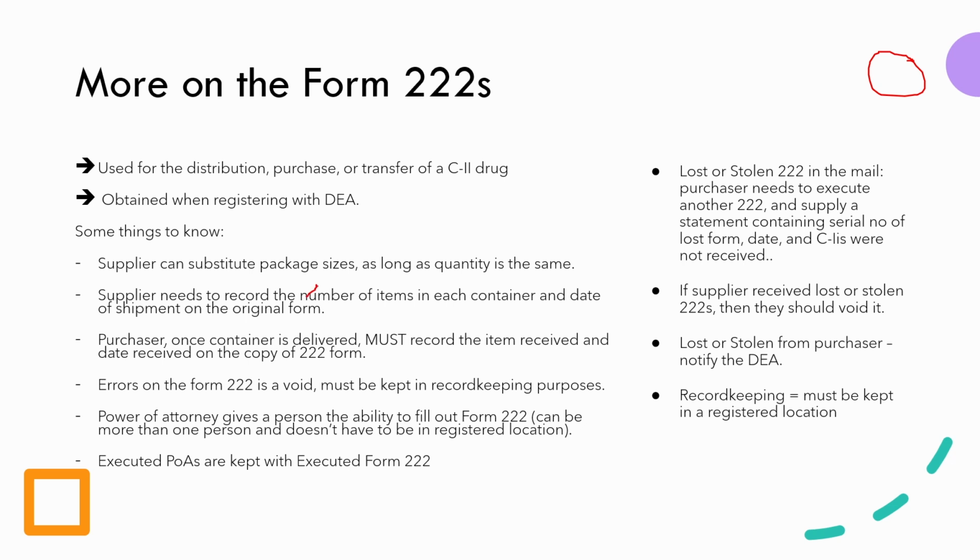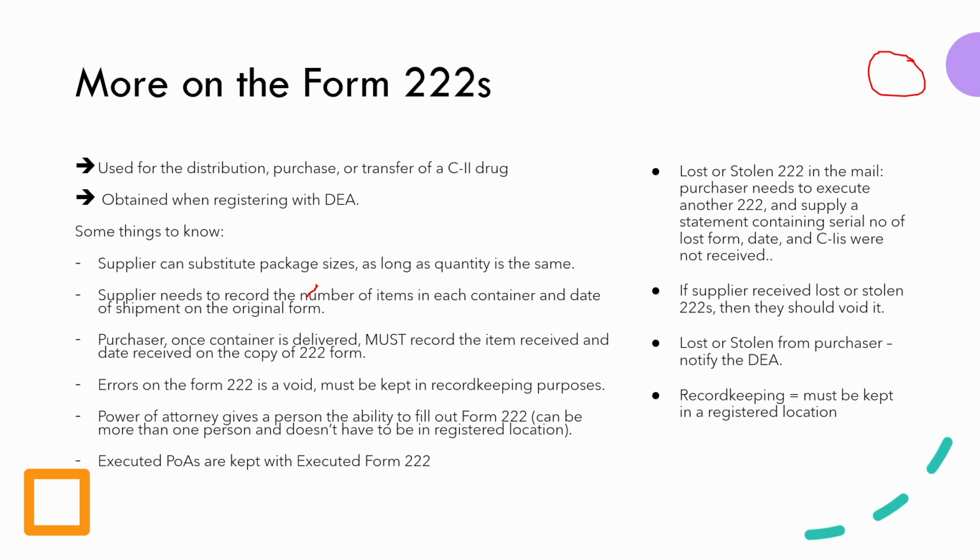Another thing to know for Form 222 is that the supplier needs to record the number of items in each container and the date of shipment on the original form. This is important because it ensures that the stuff that is ordered is the stuff that is shipped.